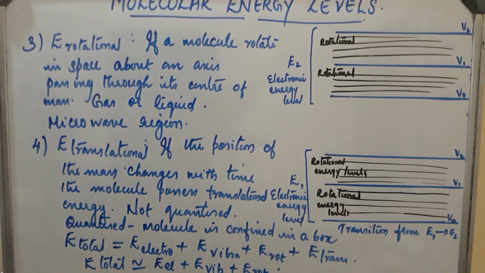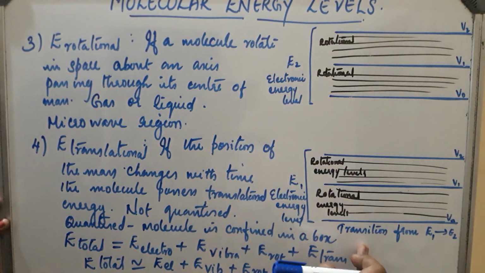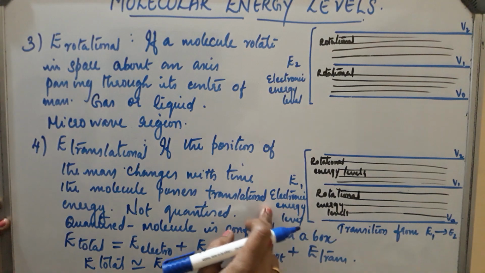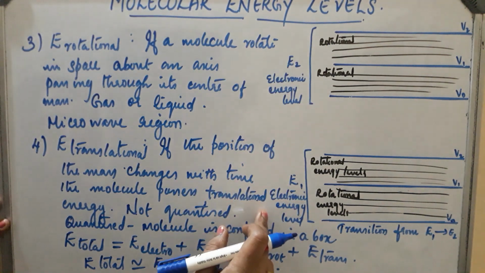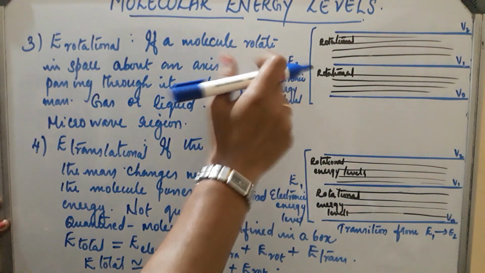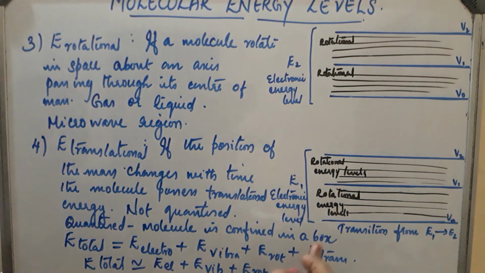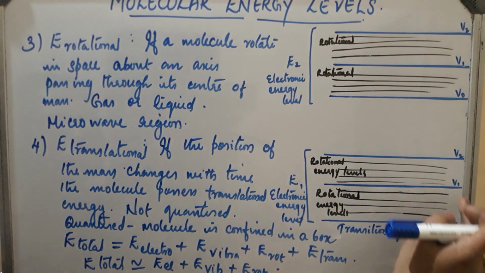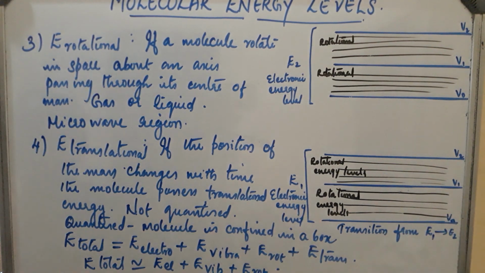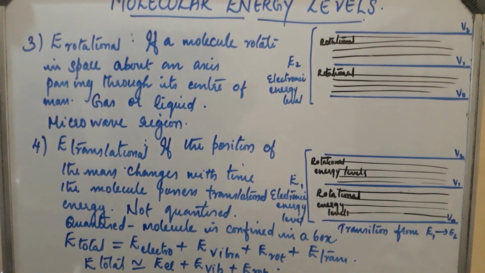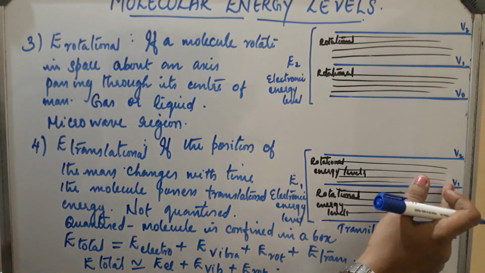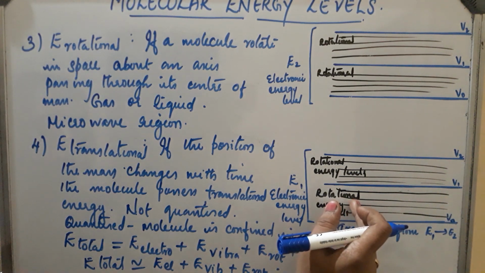Now see in the figure, it is explained clearly. This is E1, this is E2: the first electronic energy level and the second electronic energy level. Electronic transitions are always accompanied by vibrational levels V0, V1, V2, and each vibrational level consists of different rotational energy levels.